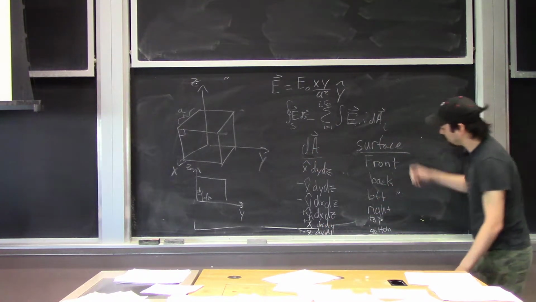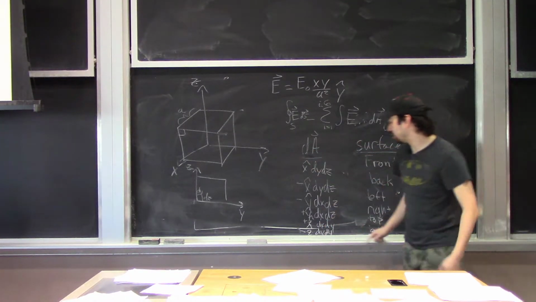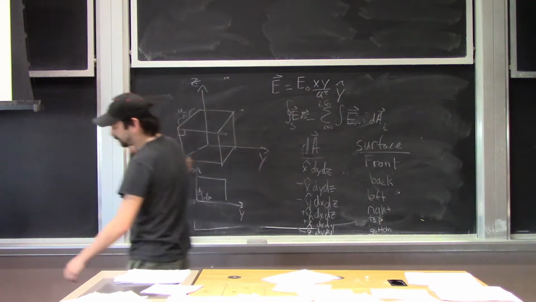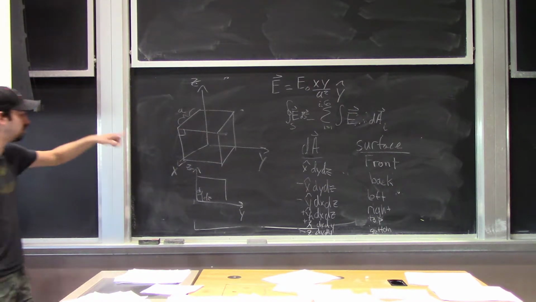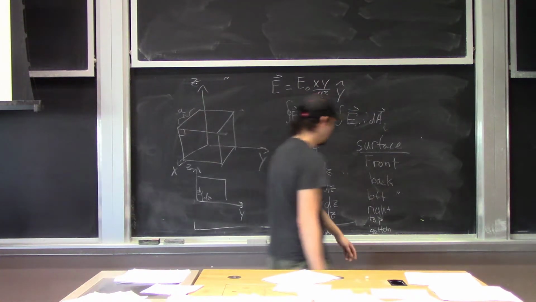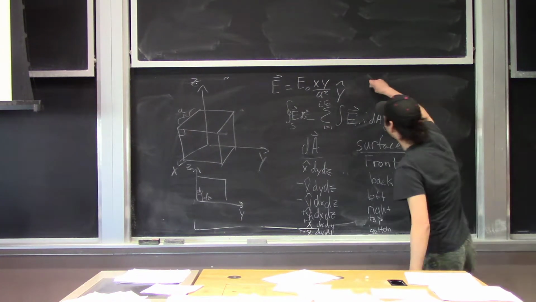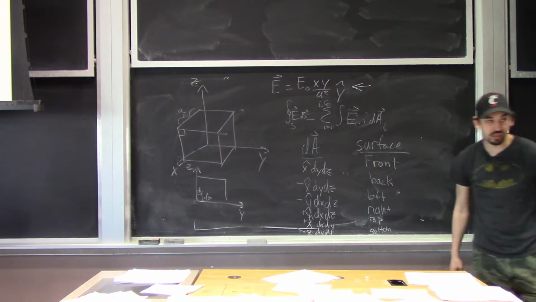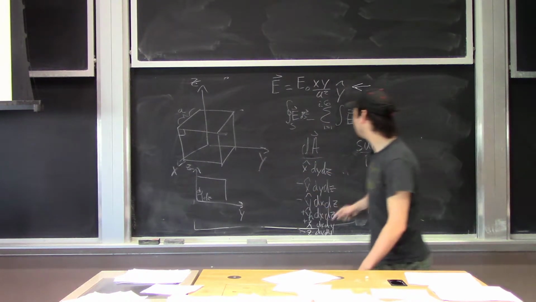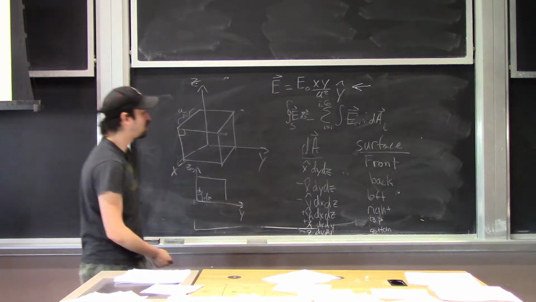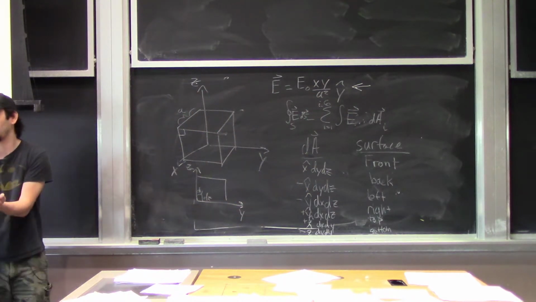Okay. So now that we have all of these dAs determined for every face of this cube, we're ready to calculate what the flux is out of it. And if we look at this, we see something really convenient here, and that has to do with the way that this E is defined. What's the direction that E is always going to point? In the y direction, right? So any one of these dAs that is not in the y direction, when I take the dot product, it's going to be 0, right?